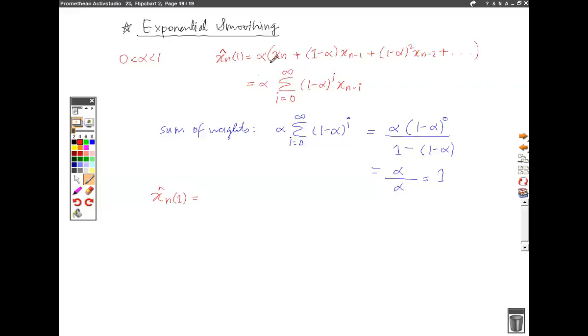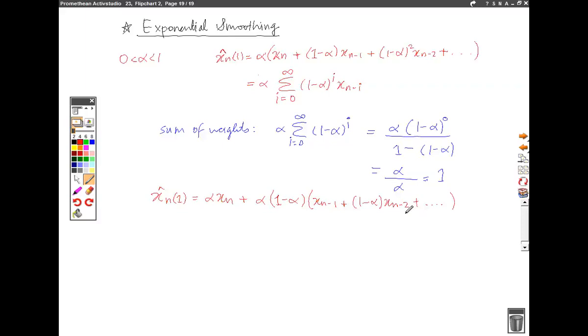So what I have here is alpha xn. I'll rewrite that, and I'll write my alpha here again. I just took this term out of the bracket, and I'm writing all of the rest of the terms again here. So I have alpha times (1 minus alpha), and then in brackets xn minus 1 plus (1 minus alpha) xn minus 2, and so on.